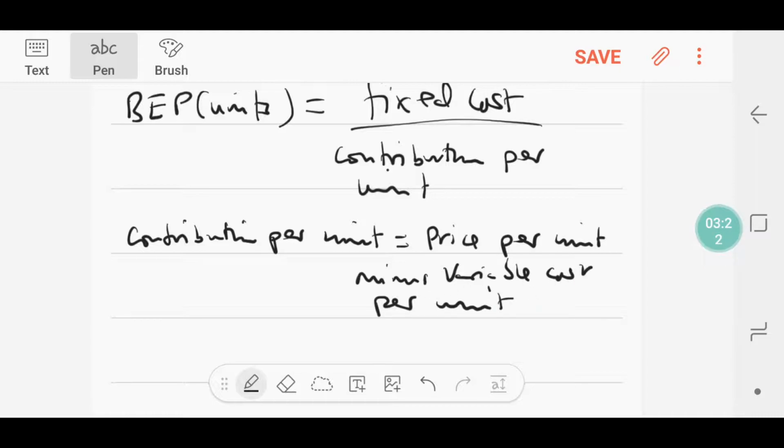So let's go to our question and look at these figures: fixed cost and the contribution per unit.